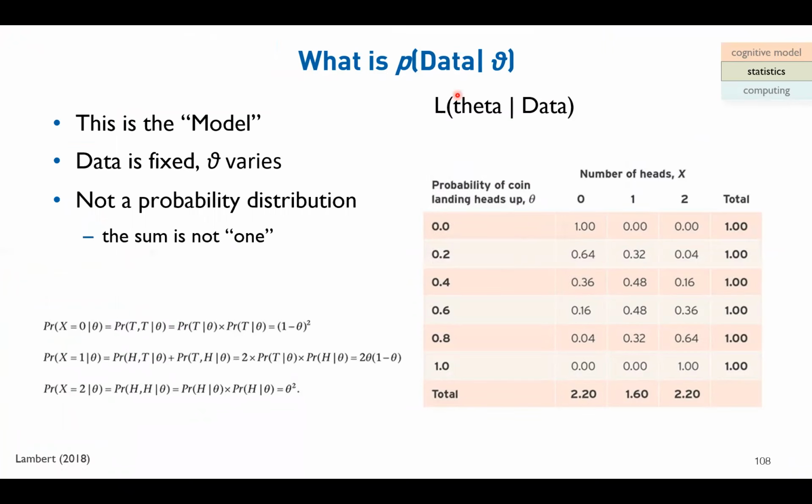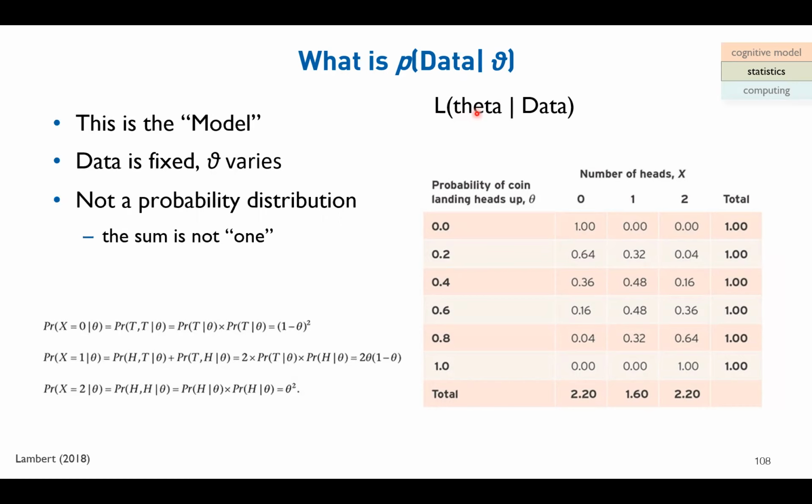So then it's clearer. The data is a given, it is fixed, and this is changing. Suppose this is a function. f of x means it is a function of x, and x is varying. Here, this is a function of theta.